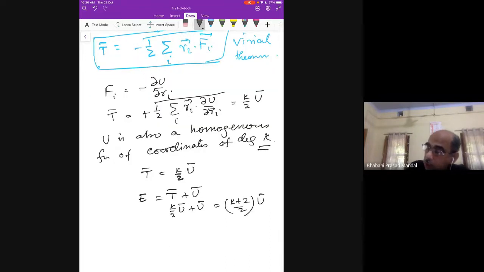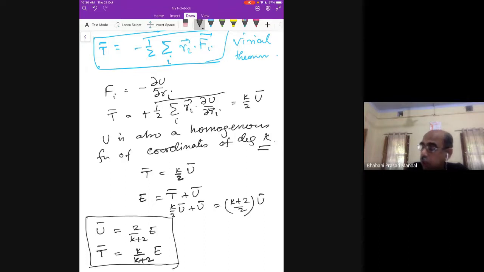So in this situation u bar will be 2 by k plus 2 times the total energy, and t bar will be k by k plus 2 times E, because t bar plus u bar will be E again, right? So we find a very interesting formula for average kinetic energy and potential energy for a system whose potential energy is a homogeneous function of the coordinates of degree k.